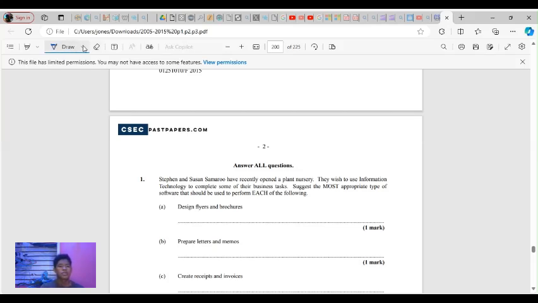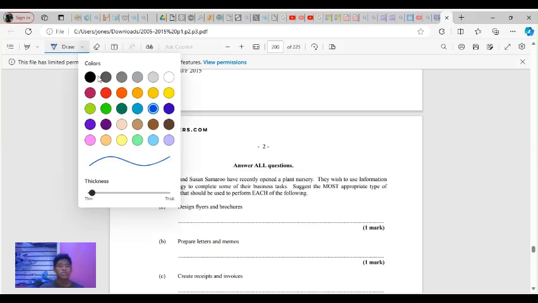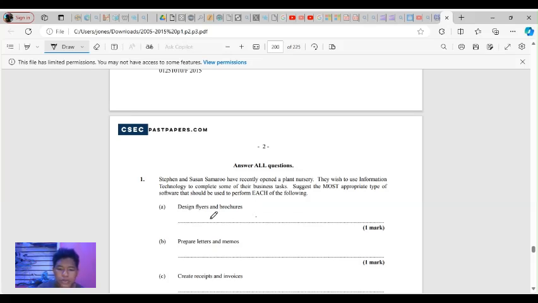Let me get a better pen so I can illustrate to y'all. The answer for this is Microsoft Publisher.